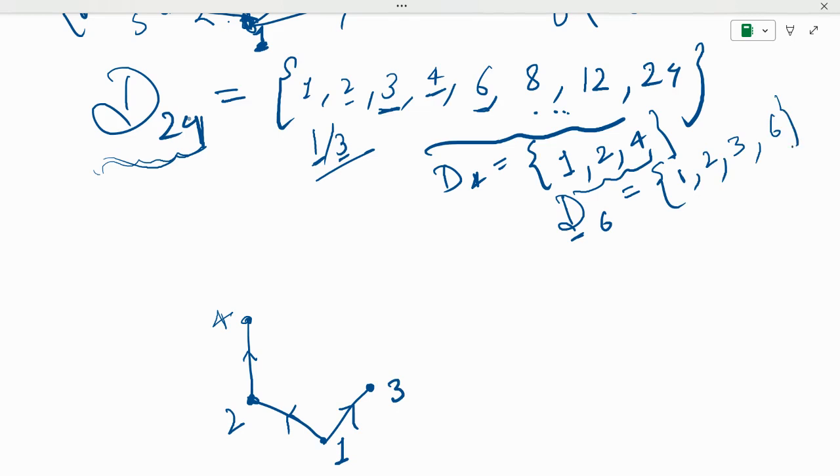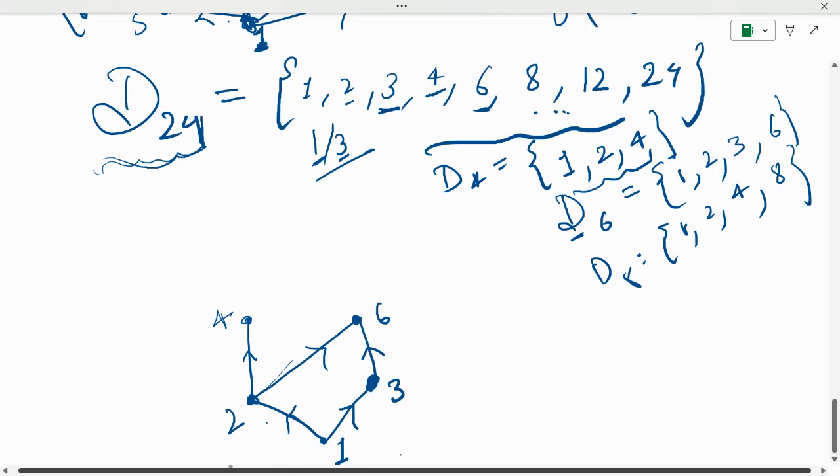So this will come this way. Now we have 8, so for D8 we have 1, 2, 4, and 8, right?